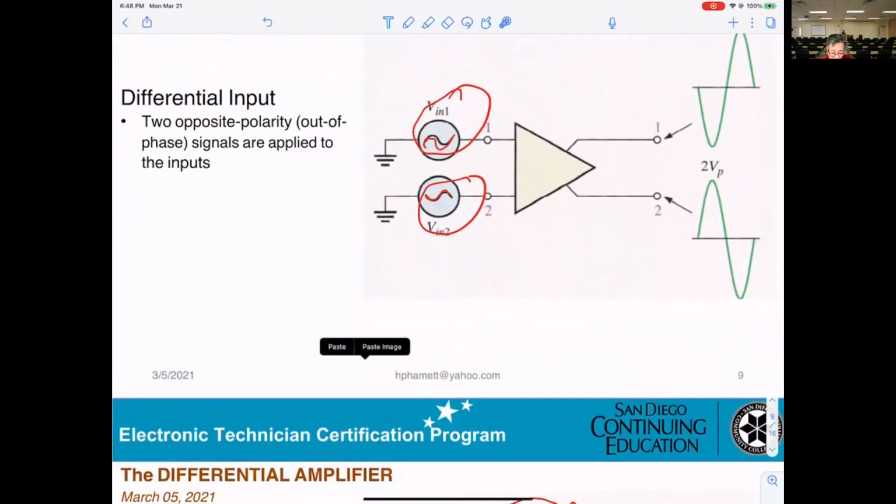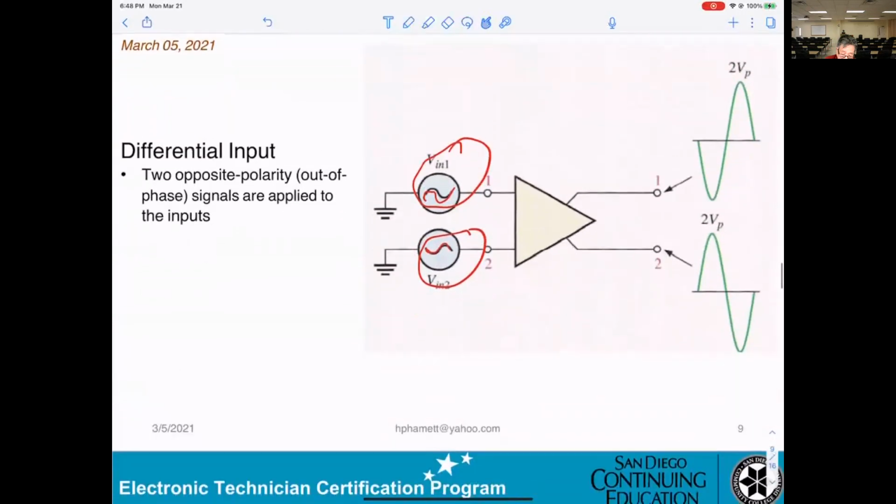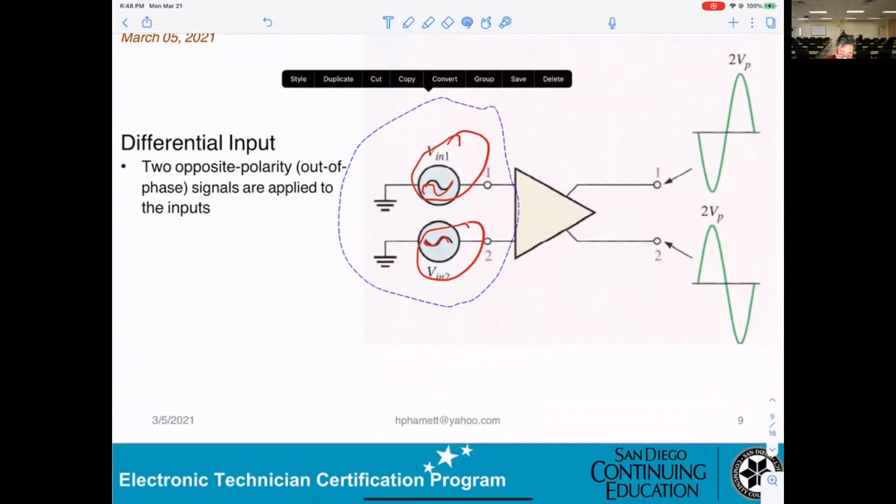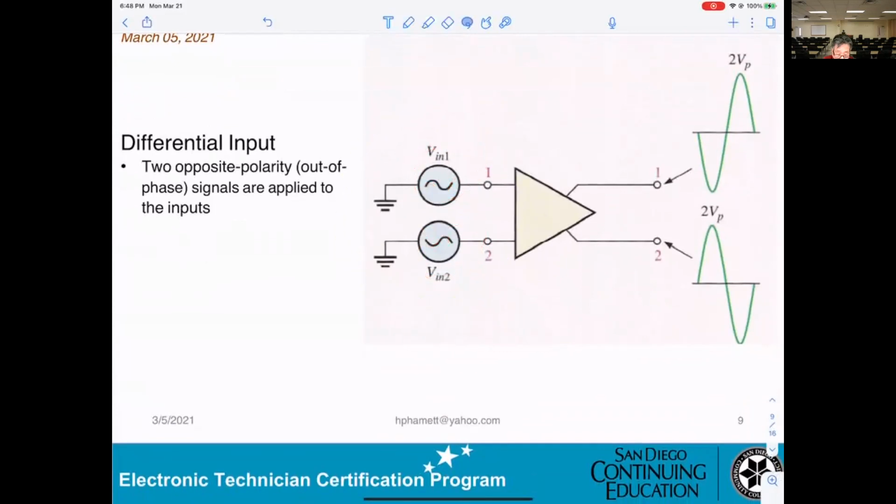Differential input, okay? And now you can see the signal is applied into two inputs, okay? The very, very important thing here, you have to make sure you understand: when you apply input to input 1 and input 2, those signals must be opposite, okay?